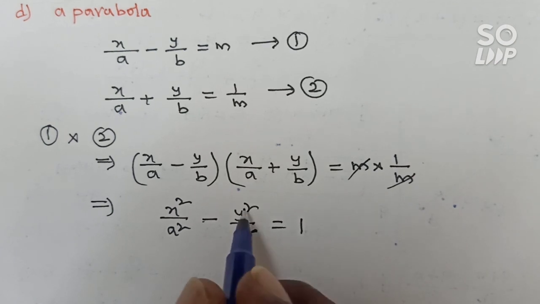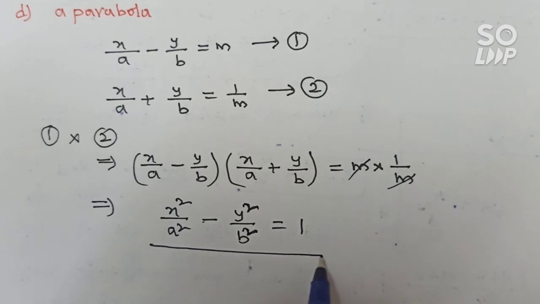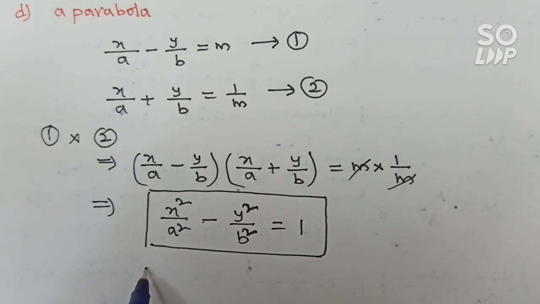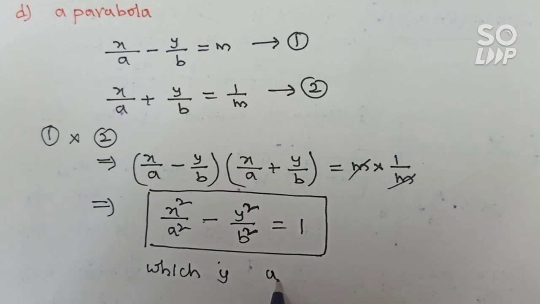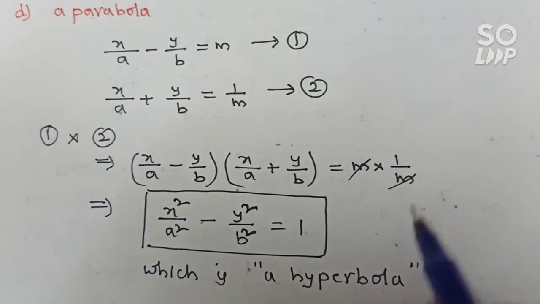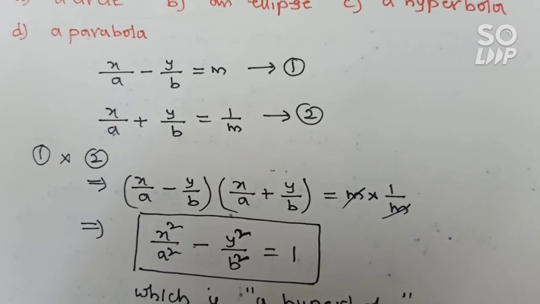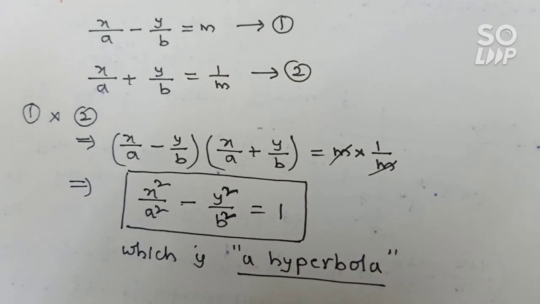Clearly this represents a hyperbola. So the locus of the point of intersection is a hyperbola. So your answer is that C is the correct answer, the hyperbola. Okay. So this is the solution of this question.